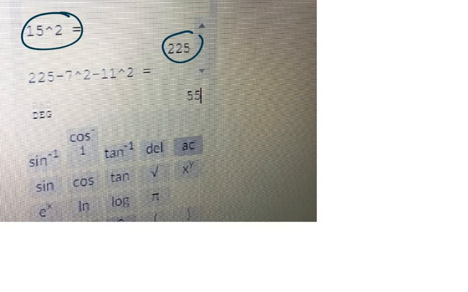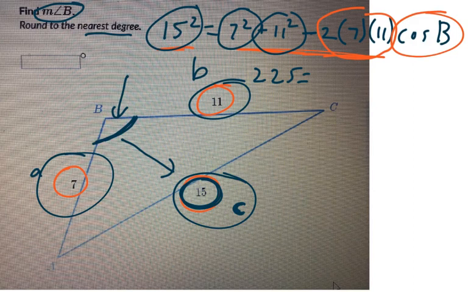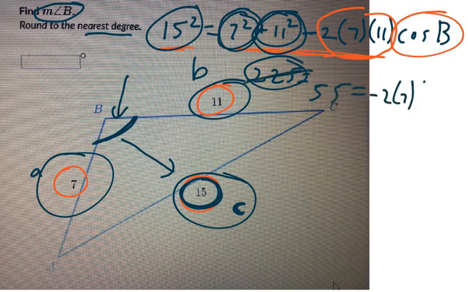So as you can see, I minus the 7 squared, I minus the 11 squared same time, and I got 55. Okay? So what that means is 225, when I minus this and minus that, I get 55 now, equal to negative 2 times 7 times 11 cosine of B.